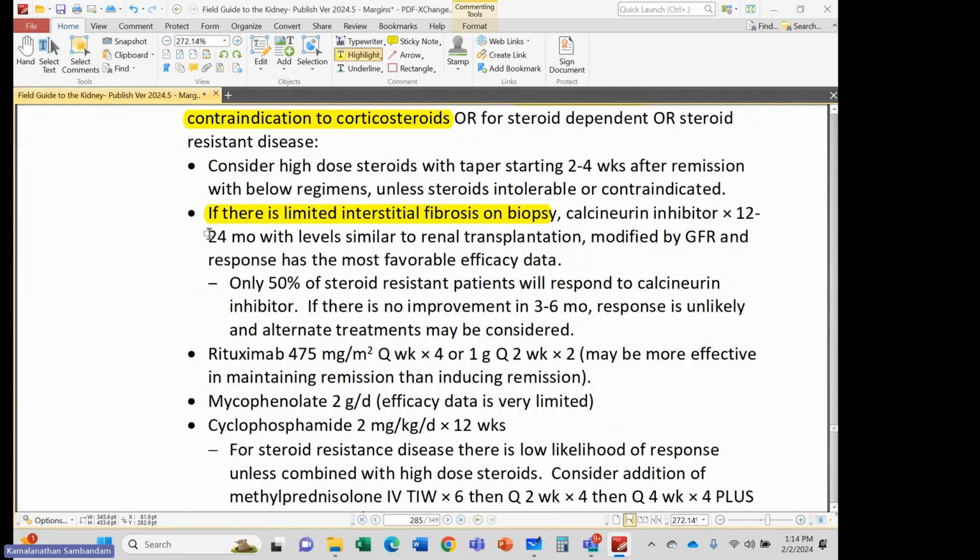Remember, once again, you're committing to about 24 months of treatment. And I've given you this number already, 50% of the non-responders to steroids respond to calcineurin inhibitors, okay? Often, again, the GFR is a barrier to leveraging the calcineurin inhibitors.